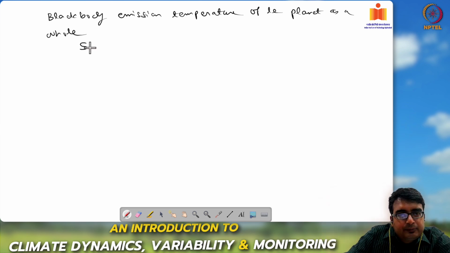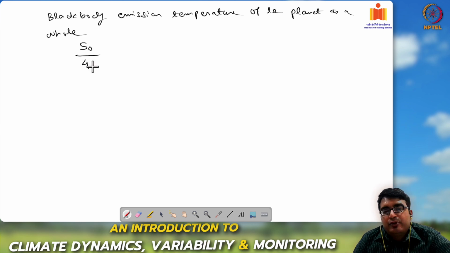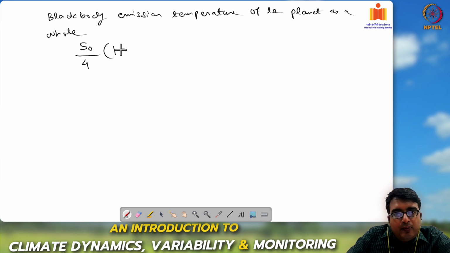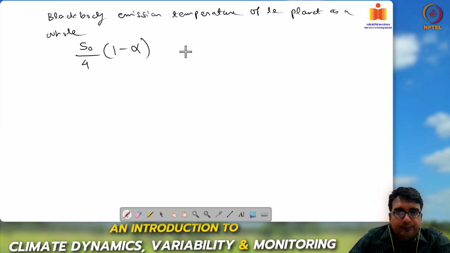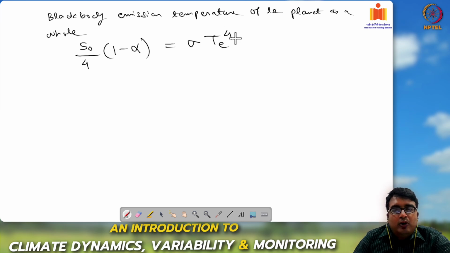It's the net solar flux this planet is absorbing, which is S0 by 4, 1 minus alpha. S0 is the solar flux per unit area of the projected circular disk for that planet, remember. Okay. And S0 by 4 is the solar flux per unit area of the spherical surface area of the planet. Alpha is its albedo, and this is equals to sigma into Te to the power 4, where Te is the emission temperature. Okay, so this is equation 1.